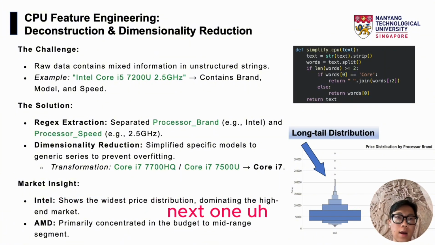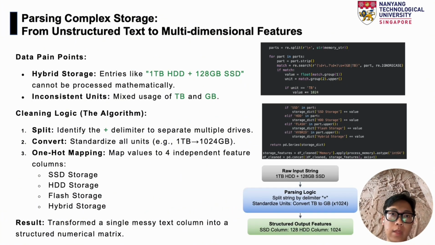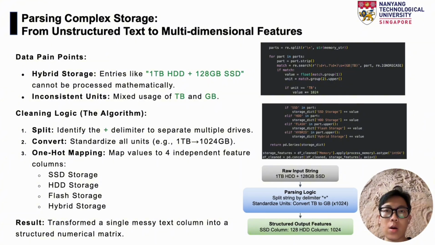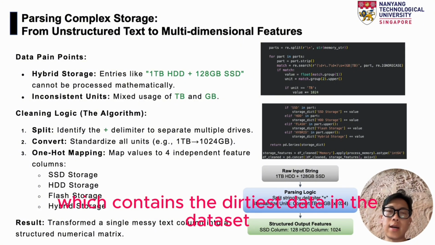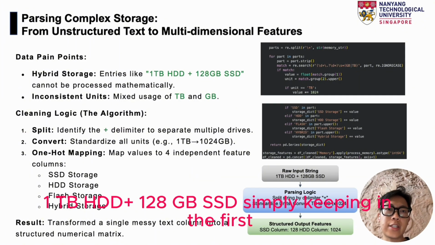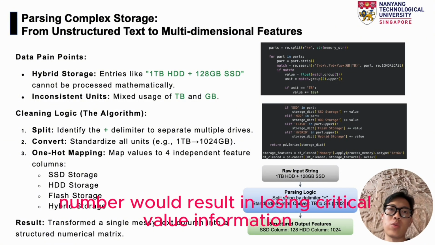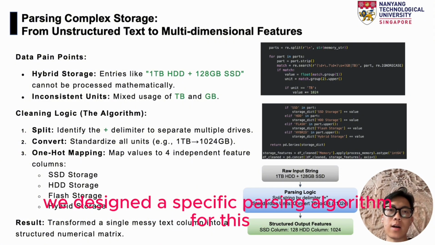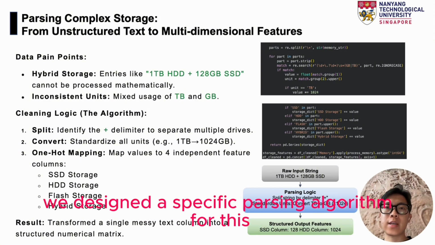Next one is the memory model, which contains the dirtiest data in the dataset. We encountered hybrid configurations like 1 TB HDD plus 128 GB SSD. Simply keeping the first number would result in losing critical value information. We designed a specific parsing algorithm for this.